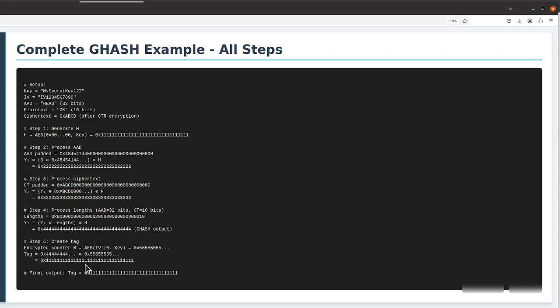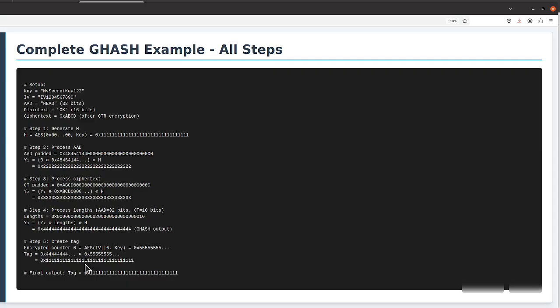Step 3. Process ciphertext. Ciphertext 0xAB...CD is 16 bits, padded to 128 bits: 0xAB...00. This is block C1.